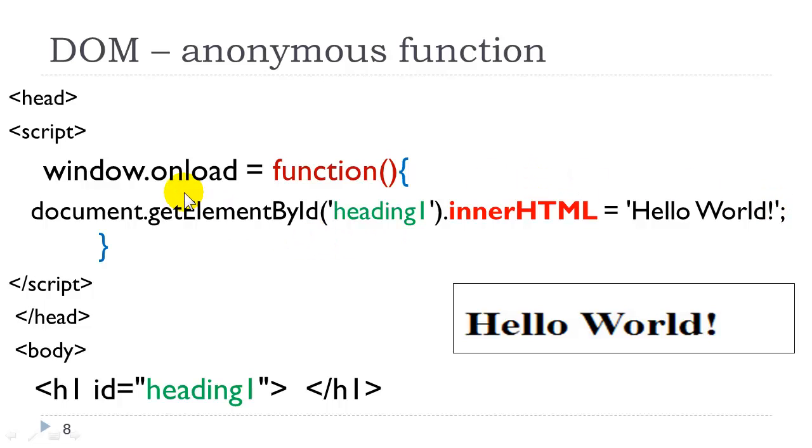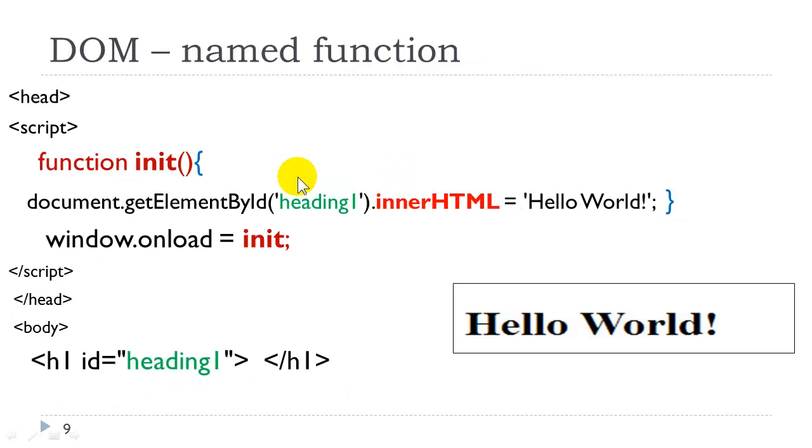Alright, another option, rather than calling an anonymous function, is calling a named function. We have the same scenario in our body. There's our h1 ID heading 1. Here is our window.onload statement. It's calling a function called init, a very popular function name that is called when the page loads.